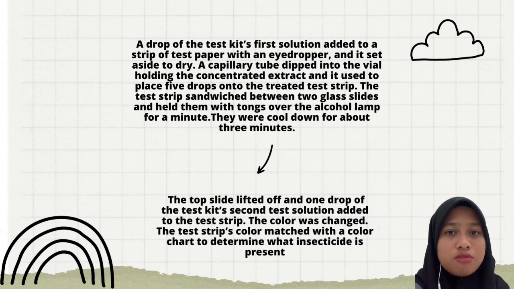They are then cooled down for about 3 minutes. Next, the top slide is lifted off and 1 drop of the test kit's second test solution is added to the test strip. The color changes. The test strip color is matched with a color chart to determine what insecticide is present.